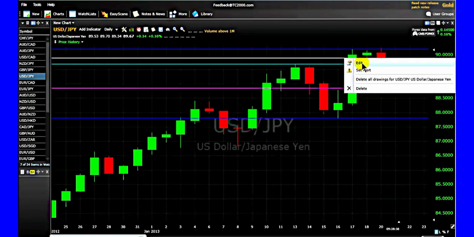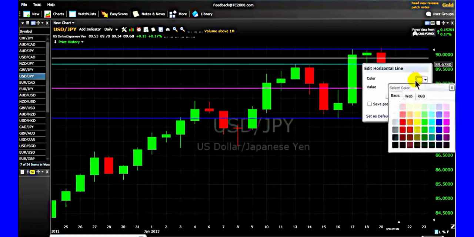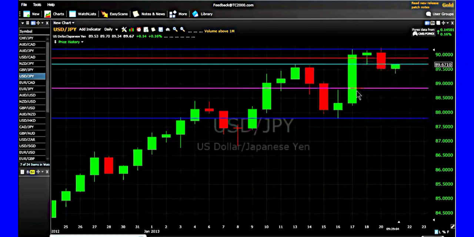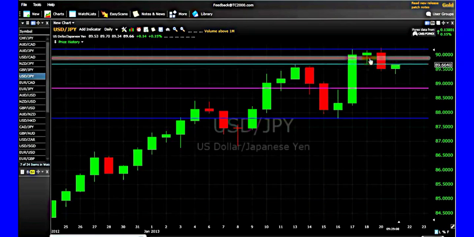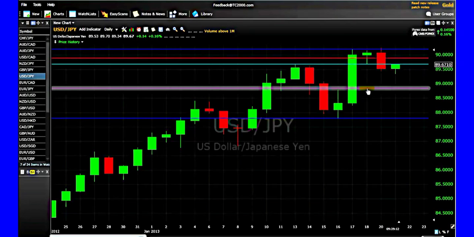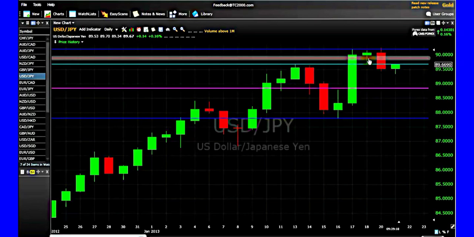What I will do, let me choose another color. I will color it red. So the red line is the median line of last Friday. The pink line is the median line of last week. Repeat, the pink line is the median line of last week. The red line is the median line of last Friday.